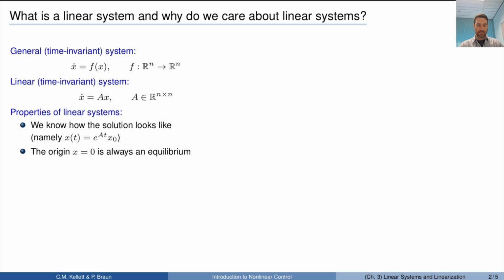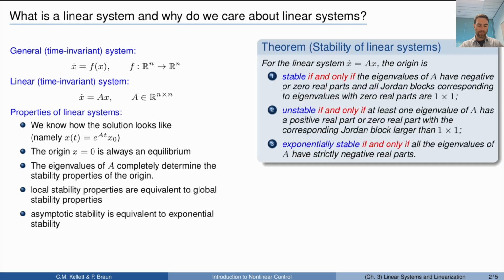And if we want to study stability properties of a linear system, that means we only need to look at the eigenvalues of the matrix A, because stability properties of the origin are completely determined by the eigenvalues of A. Additionally, we know that local stability properties are equivalent to global stability properties, and asymptotic stability is equivalent to exponential stability.